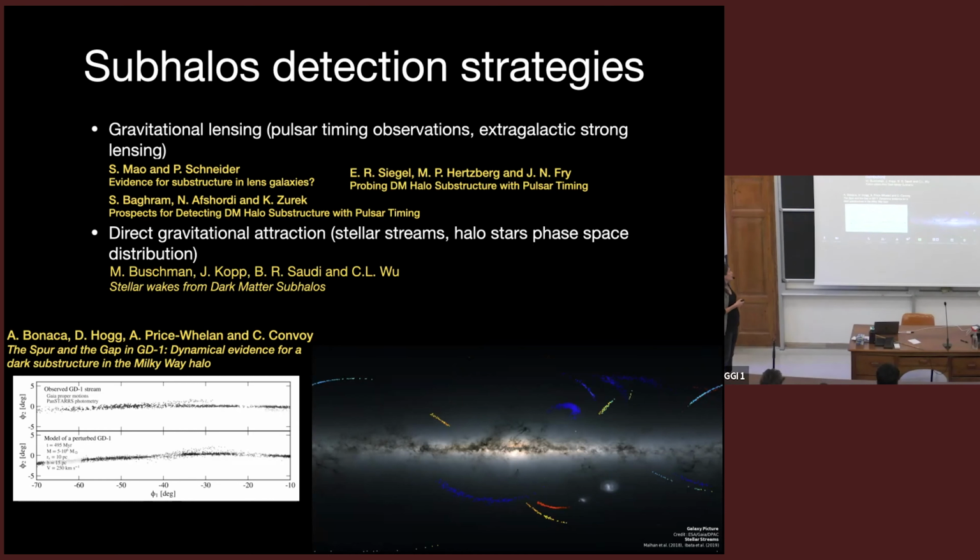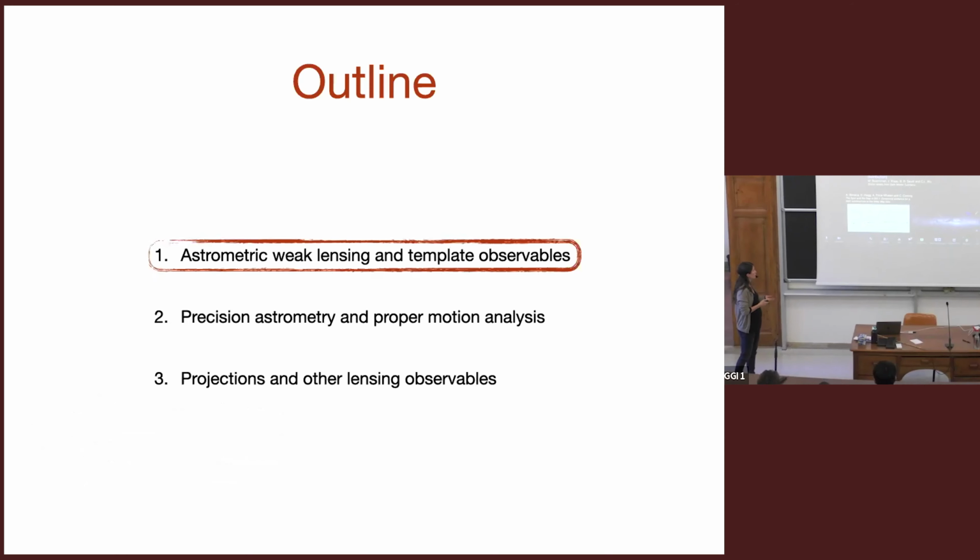And then there is another category of techniques that instead wants to look for the direct gravitational effect of dark matter clumps within the Milky Way, for example, on stellar streams or the phase space distribution of halo stars. So our method is complementary to all these methods, and it's part of this wide program to probe dark matter structures on the smallest scales.